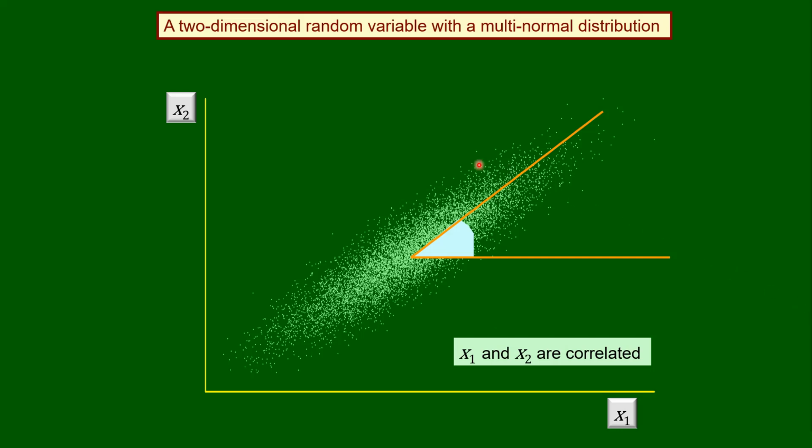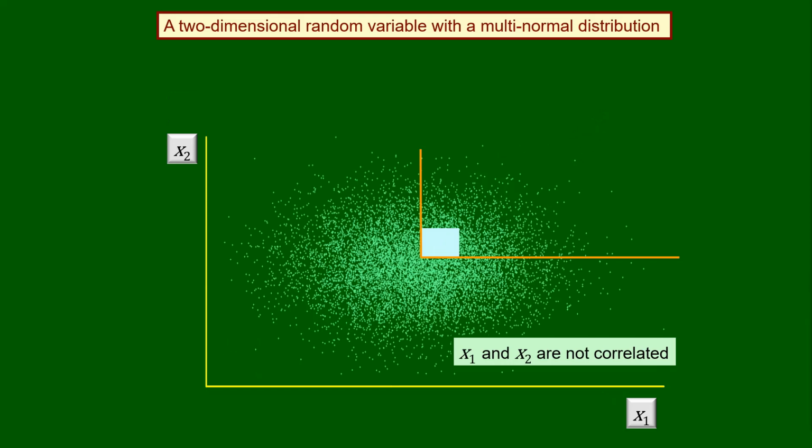The fact that this cloud is a little bit narrow, and the fact that it has a direction in vector space, reflects the fact that knowing x1 tells me something about x2 and vice versa.